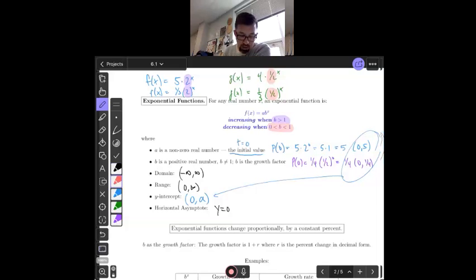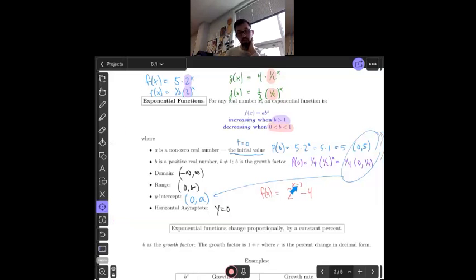If you had a problem like this, this would be a growth function that's being shifted to the right 3 and down 4. So we could take that graph and shift it. You guys have shifted graphs before.